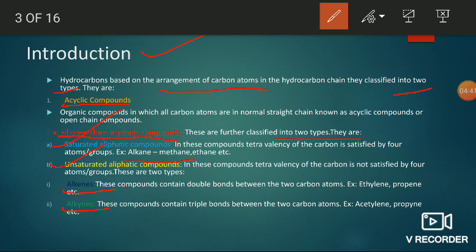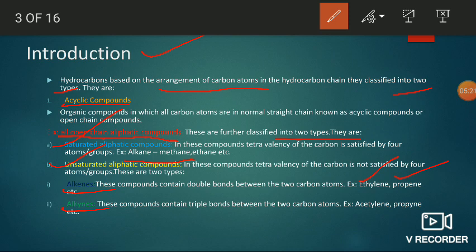Alkenes are one type of open chain unsaturated aliphatic compounds which contain carbon-carbon double bonds. In the double bond, one is a sigma bond and one is a pi bond. For example, ethylene, or propene or propylene, etc. Alkynes are also examples of unsaturated open chain aliphatic hydrocarbons.